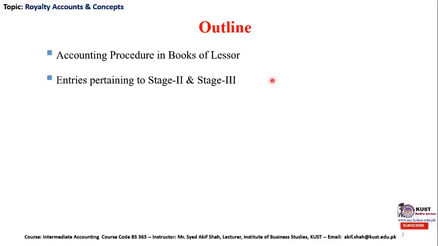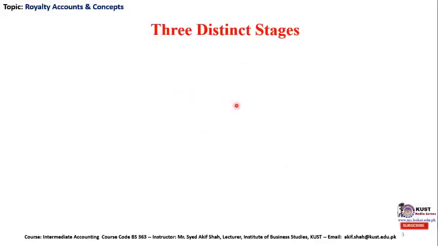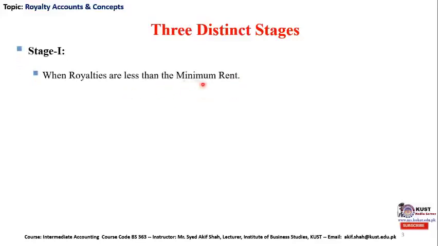So in this lecture, we shall discuss the entries pertaining to stage 2 and stage 3. Basically, we have three distinct stages. Stage number 1 is regarding when the royalties are less than the minimum rent. It depends upon the deal between the lessor and lessee.